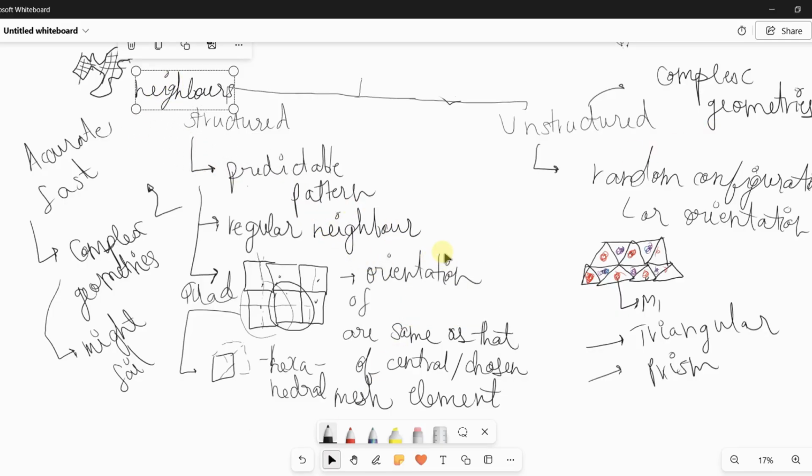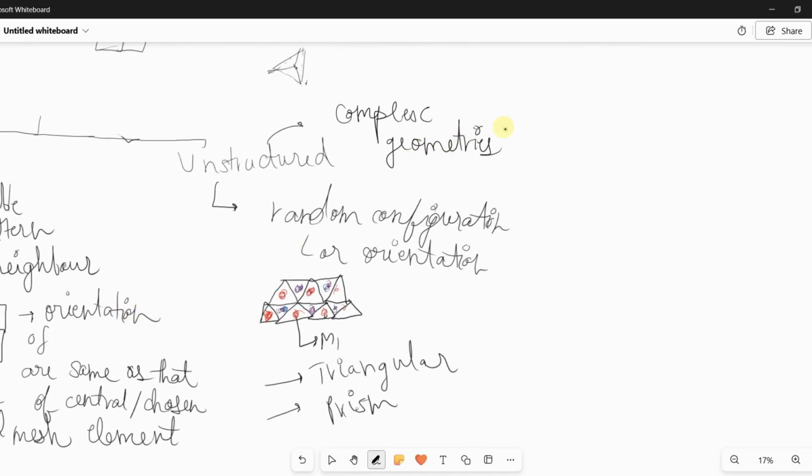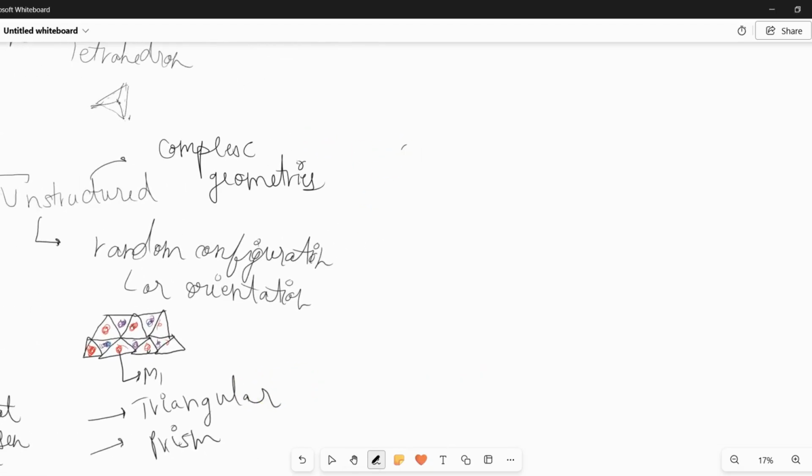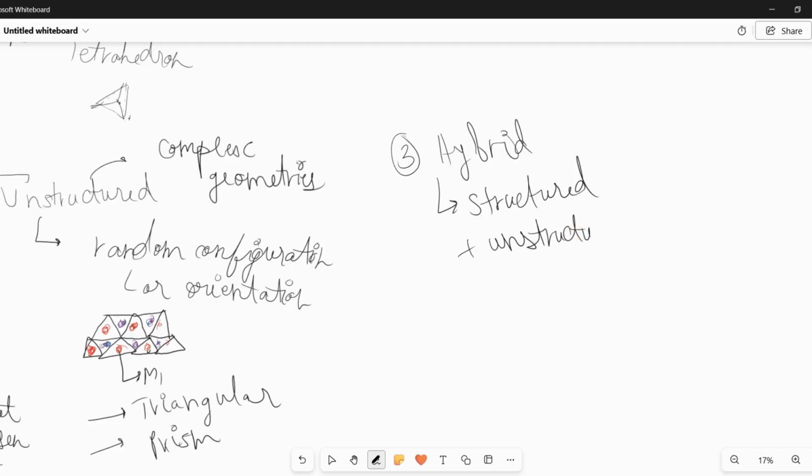Now there's another type, which is technically just a mix of both. The third type is hybrid. Nothing much to understand. You use structured plus unstructured meshes.